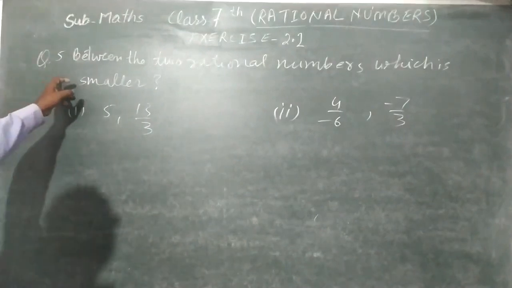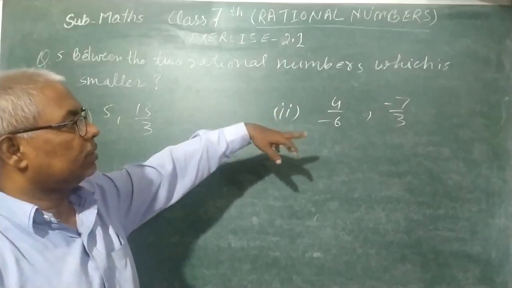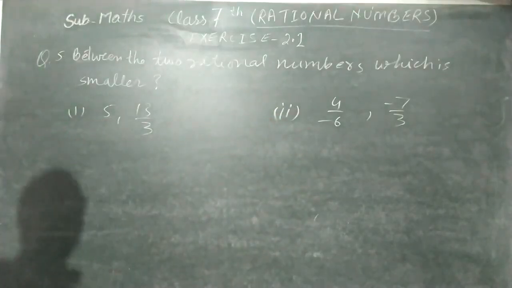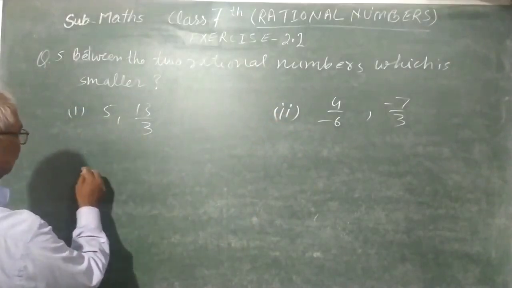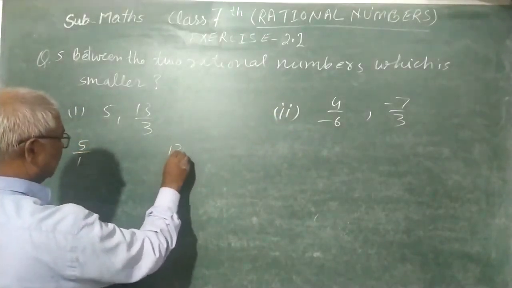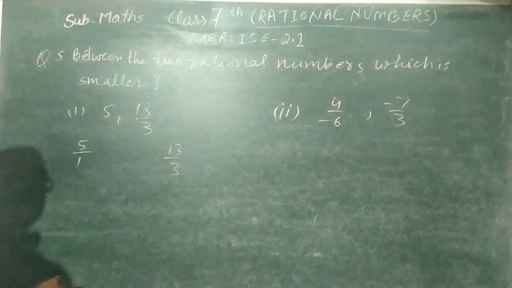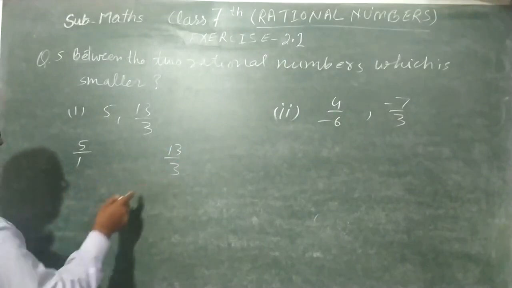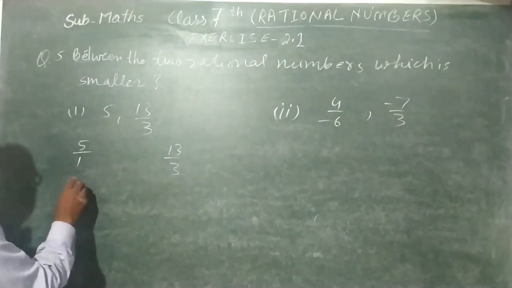Question number 5. Between the two decimal numbers, which is smaller? Now we have to search for the smaller number. So first of this one pair, we can write 5 upon 1, and here is 13 upon 3. First of all, we can make the denominator the same, so it is multiplied by 3.